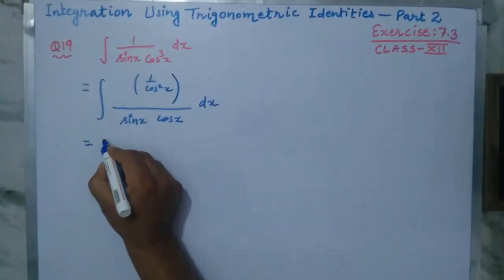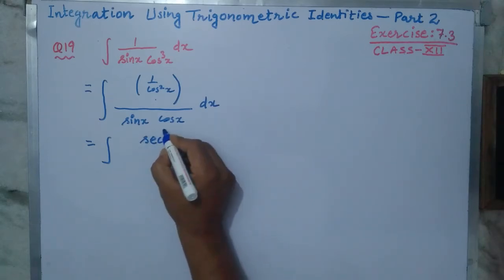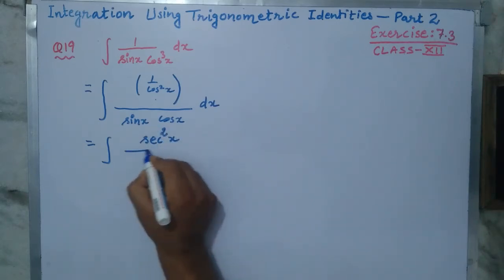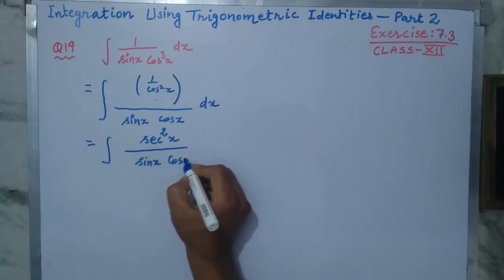So this becomes 1 upon cos square x, which means secant square x, upon sin of x into cos x.